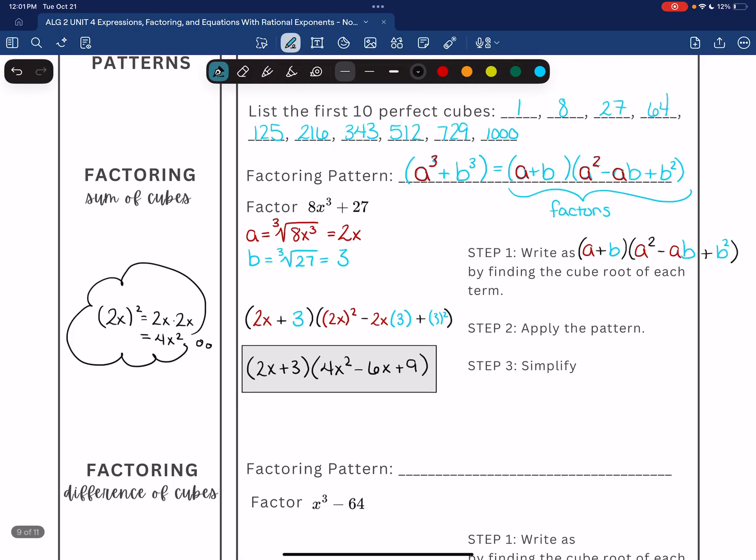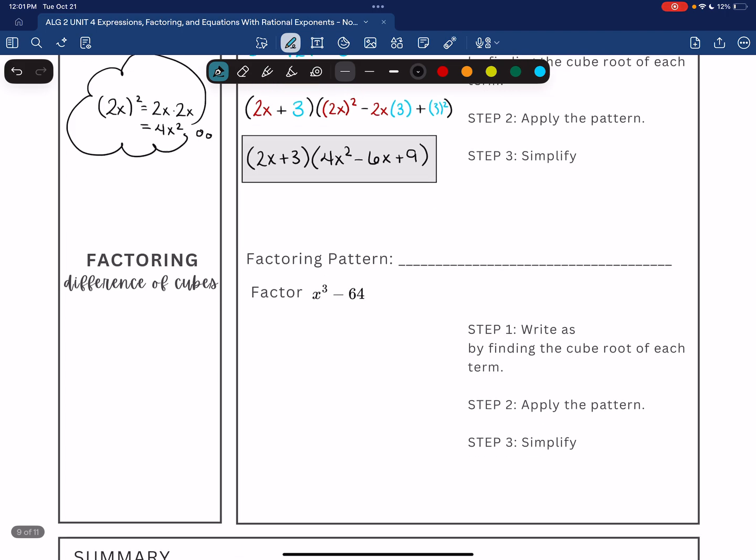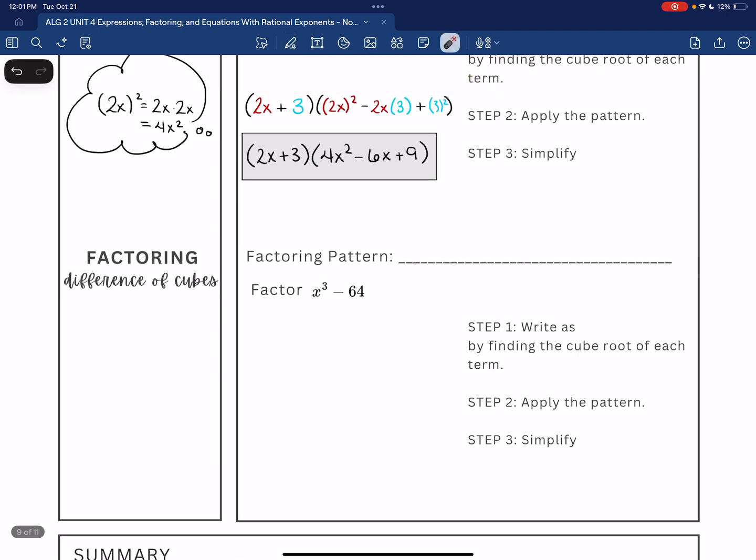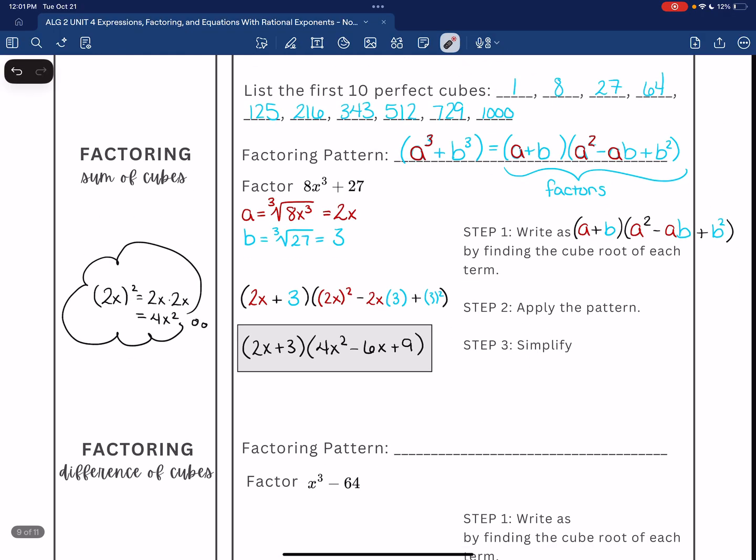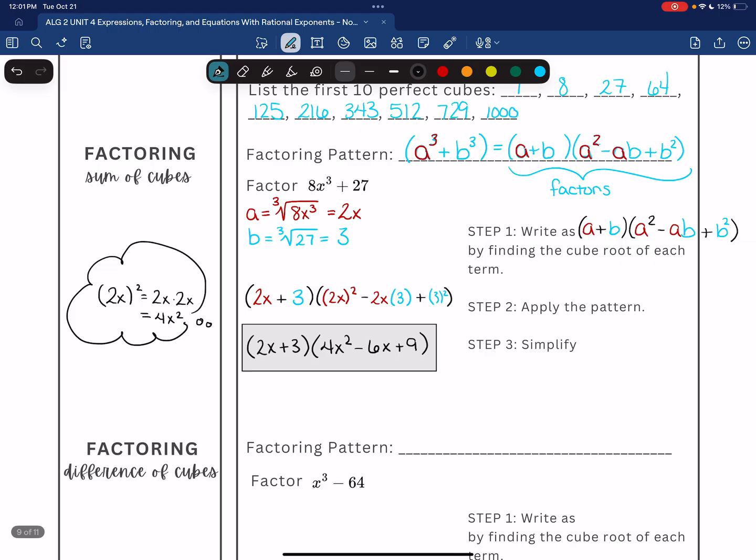And like it, there is another special factoring pattern that exists when instead you have a difference of cubes, when you're subtracting. When you're subtracting, it's going to look almost the same. You're going to have a binomial and then a trinomial. Let me back up a little bit here.